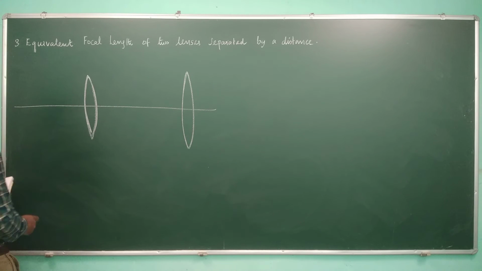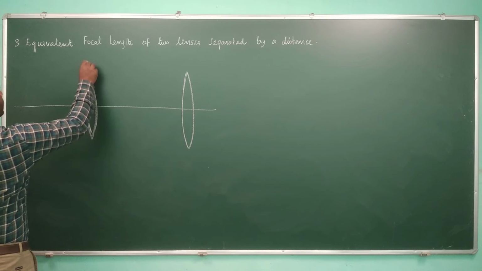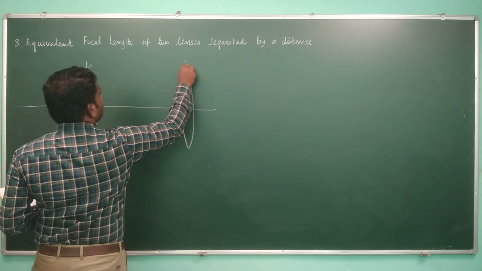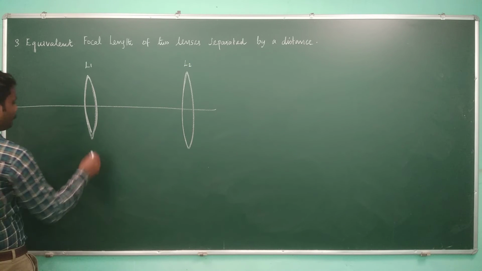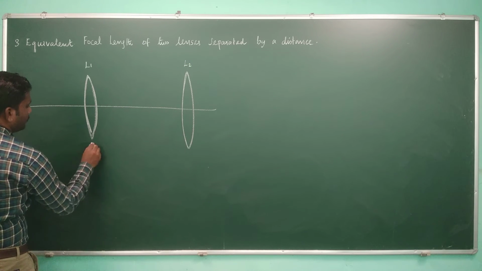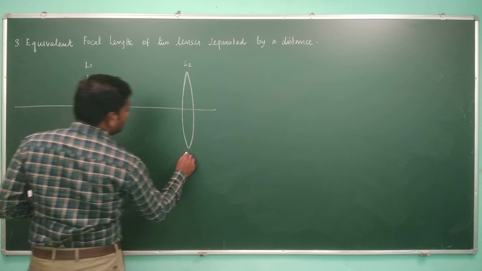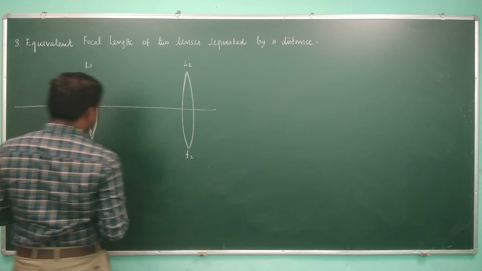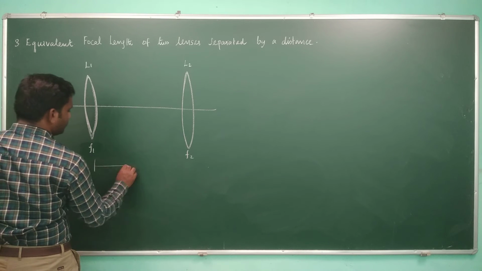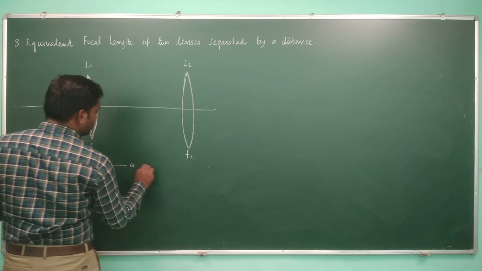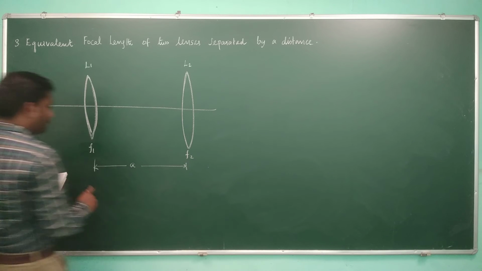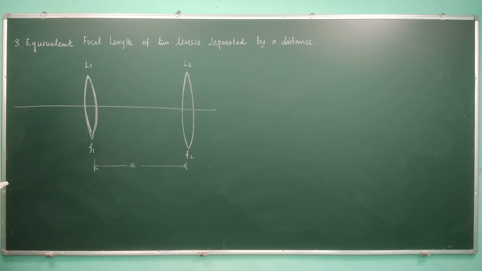This lens is L1 and this lens is L2. This lens has the focal length f1 and this lens has the focal length f2, and the distance between these two lenses is a.